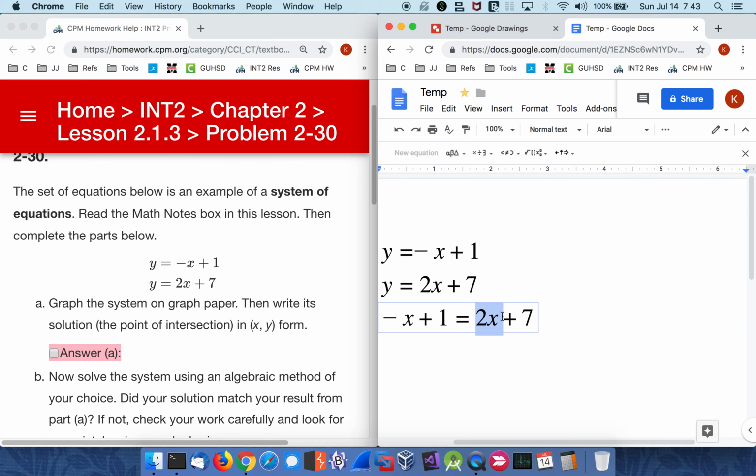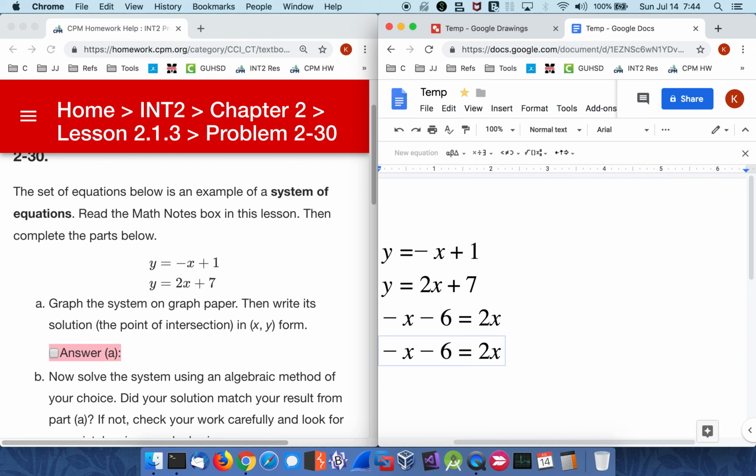So I want to go ahead and move everything away from this x. So let's go ahead and subtract 7 over here. Subtract 7 over here. And that gives me minus 6. Minus 6. And then that gives me 2x. Okay? And so now I'm going to take this one and divide it by 2 because I want to get, oh actually no, I'm sorry, I want to move the other x over.